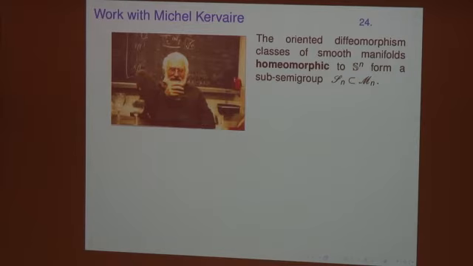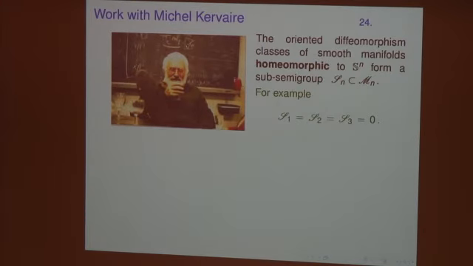But given the generalized Poincare hypothesis, we know that homotopy spheres are the same as topological spheres in most dimensions, and the h-cobordism theorem says that h-cobordism is the same as diffeomorphism in high dimensions. So it's a little bit more natural just to look at this semigroup of smooth manifolds which are homeomorphic to the sphere under this connected sum operation.